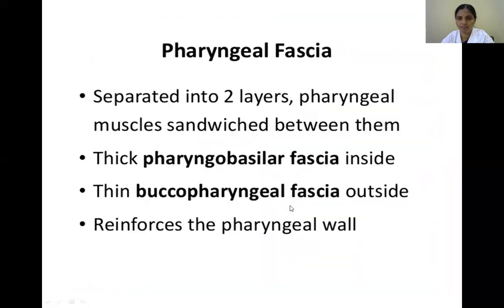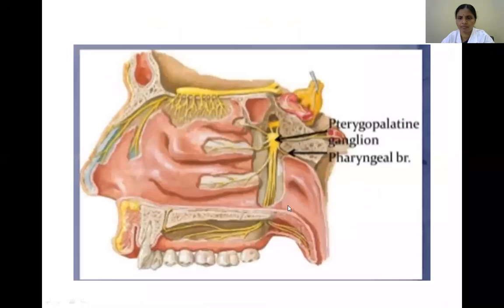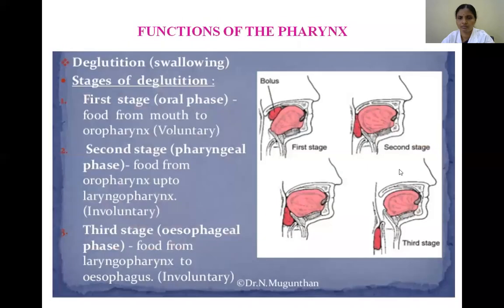Here you see. Once food enters here, the pharyngeal isthmus is closed, the oropharyngeal isthmus is closed, and the laryngeal inlet is also closed. So what is the choice for the food bolus? It should go down into the laryngopharynx.